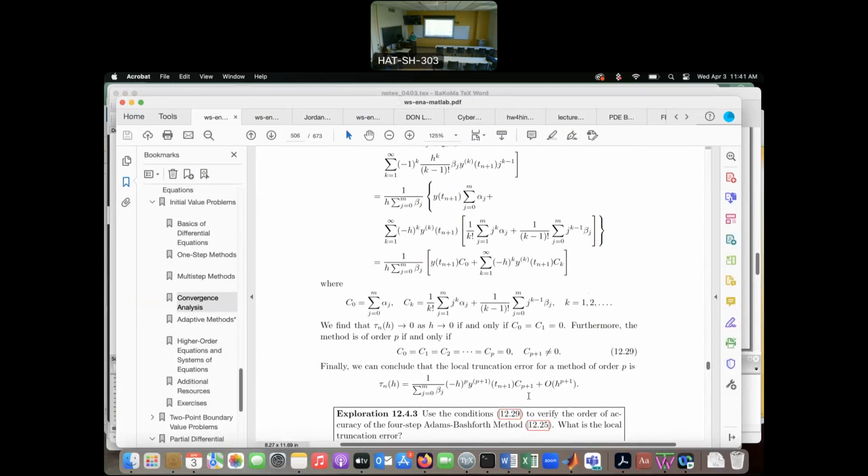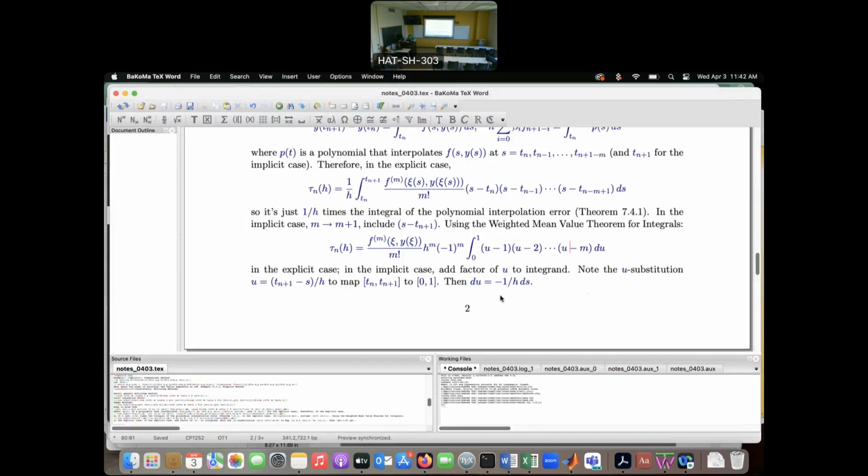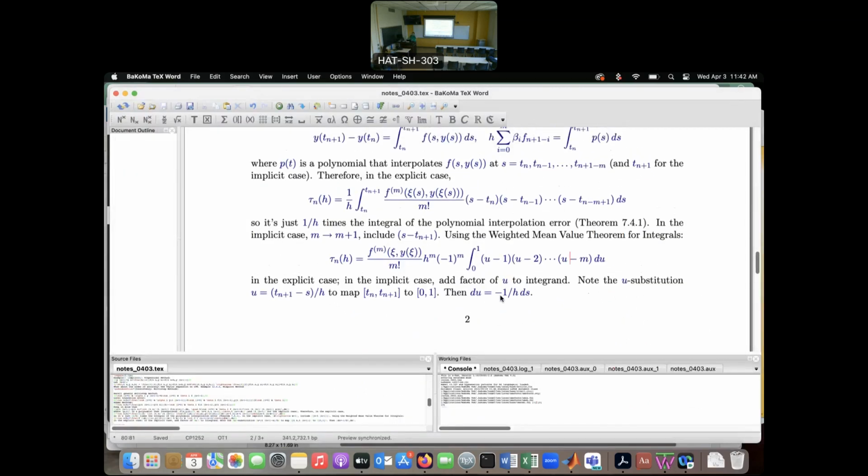So you can check those values against what you would get from here. So, questions about local truncation error for multi-step methods, particularly Adams methods?